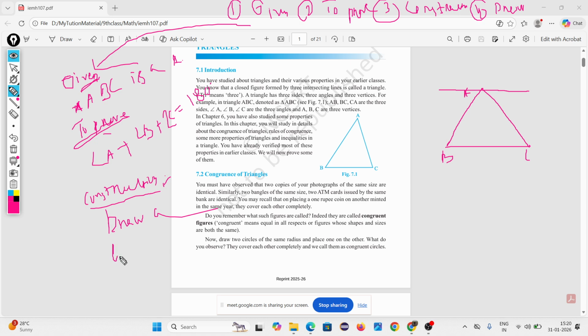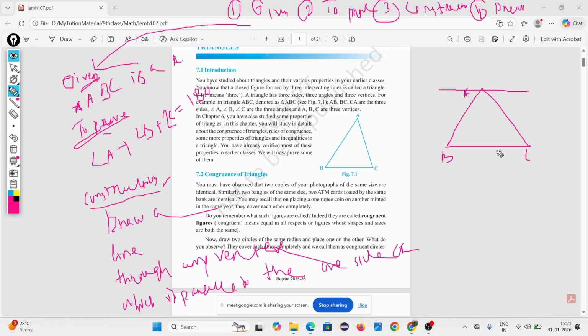Draw a line through any vertex which is parallel to one side of a triangle.